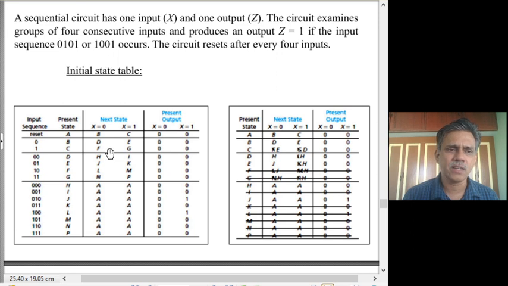If 0 comes, it goes to a state. When 1 comes, it goes to another state. And we include 2 states, B and C, so that in the state A, with the first bit x being 0, you go to B, and the first bit being 1, you go to the state C.